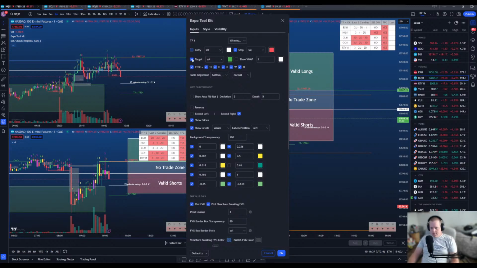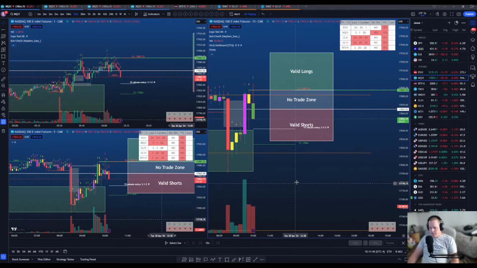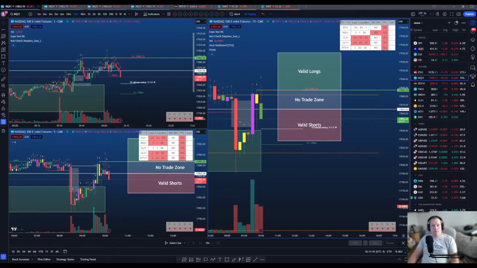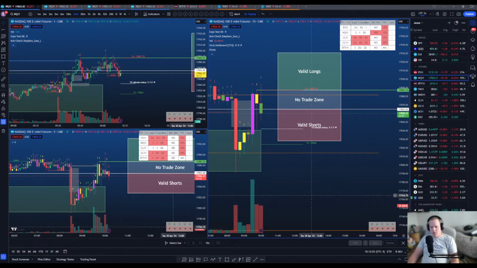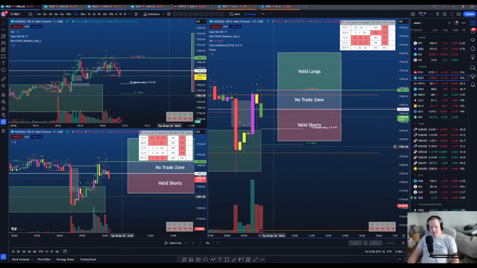Turn this off. 2.5 minutes left on this 15-minute candle. I have a sell stop at 50.75.